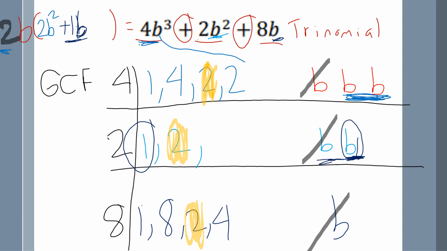Alright? Now let's do the last part. 2 times blank gives me 8. 4 plus 4. So if I took a b, do I have any b's left over here? No, I don't have any b's left.